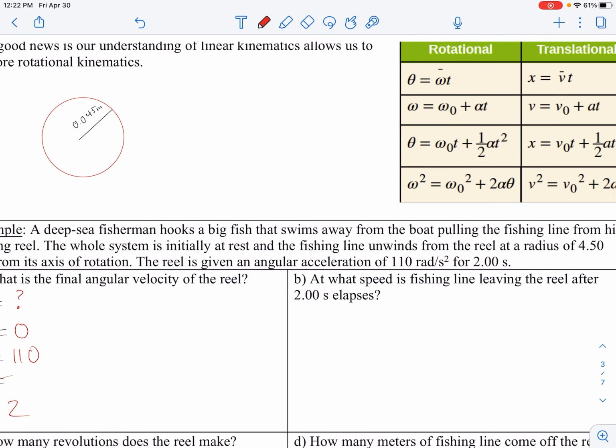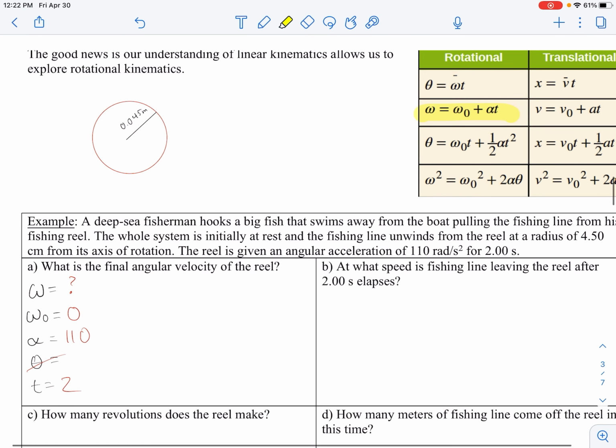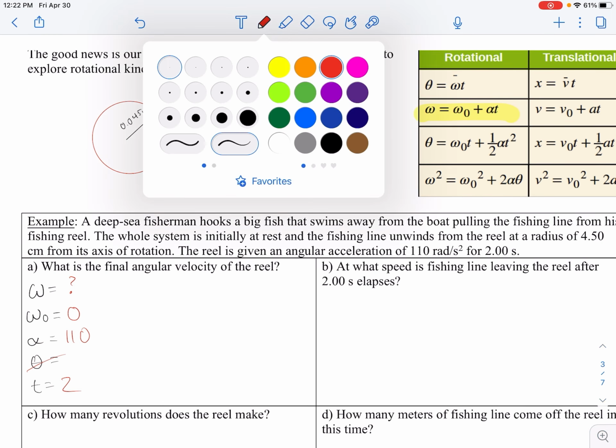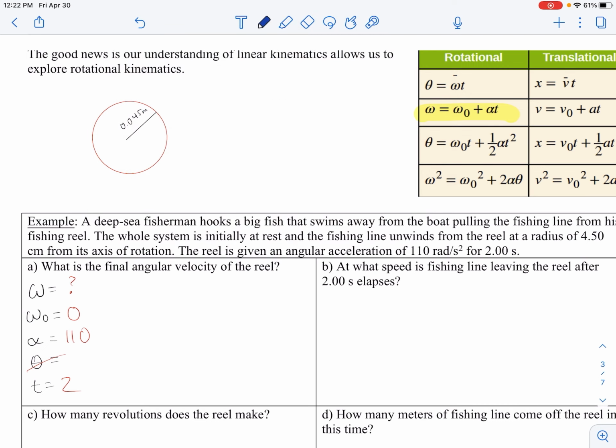We find that the one formula that has all 4 of those is this. Luckily, it's already set up for us. And from here, it's just plug and play. Pretty straightforward.